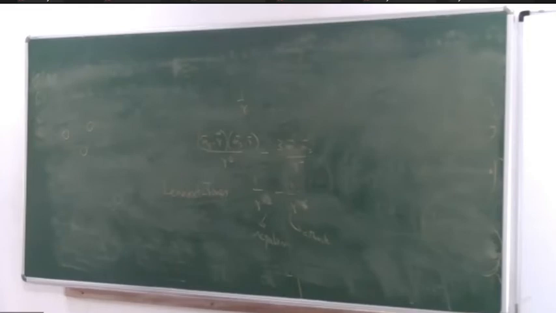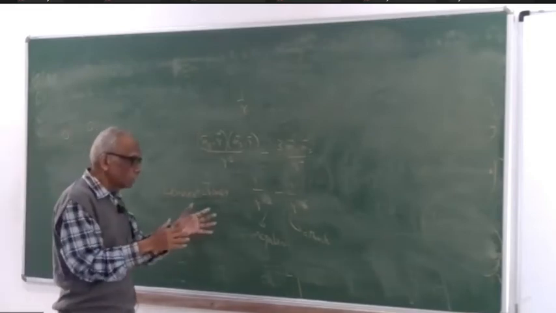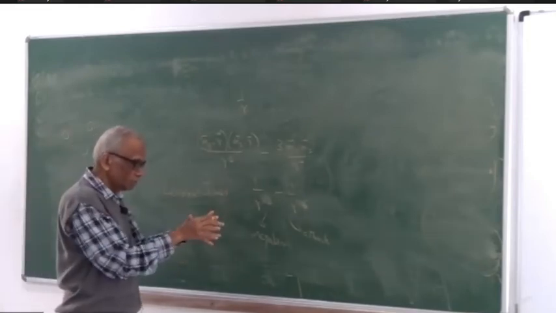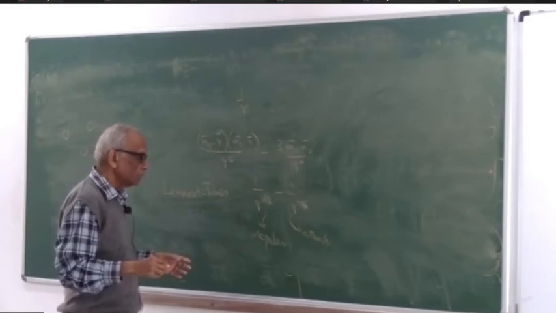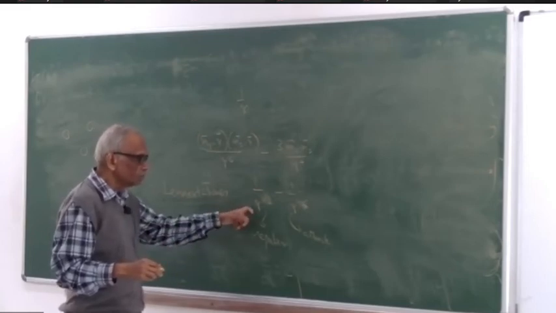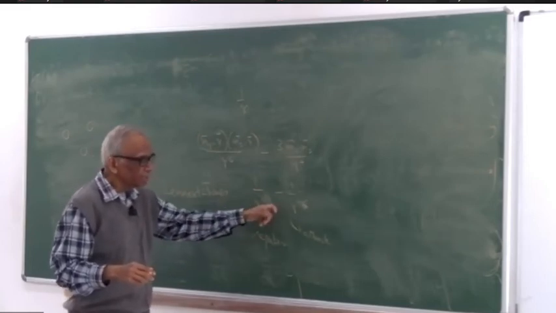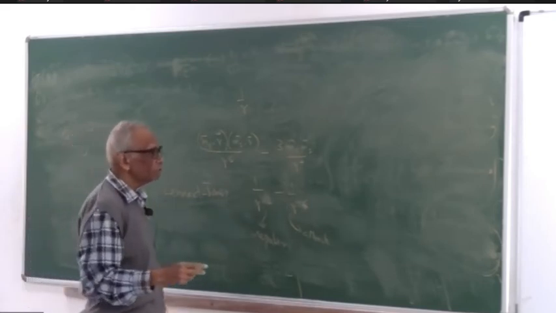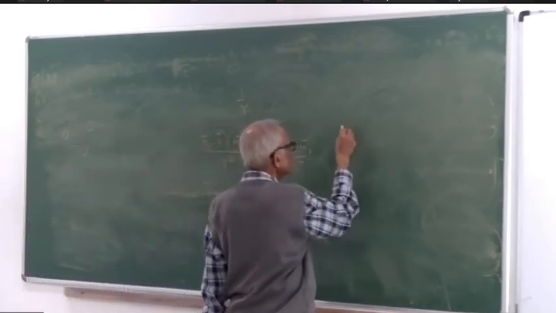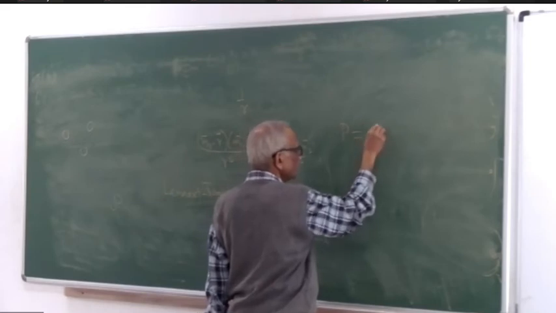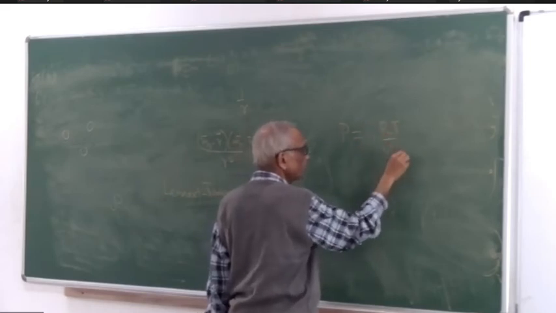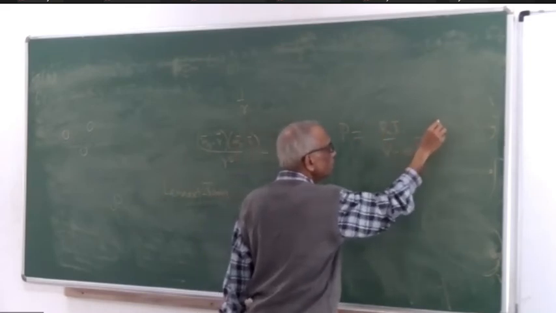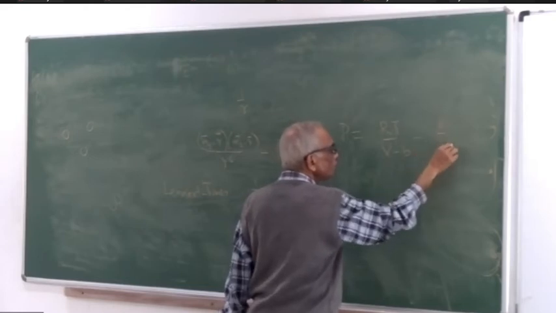So if I'm going to do an integral over the region surrounding the molecule, this is going to play a far bigger role than that, which you can see in this van der Waals equation. P is RT over V minus b minus a over V squared.